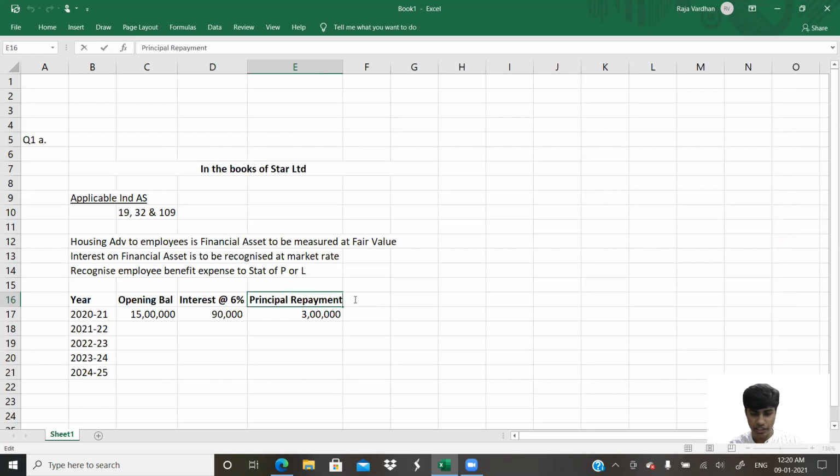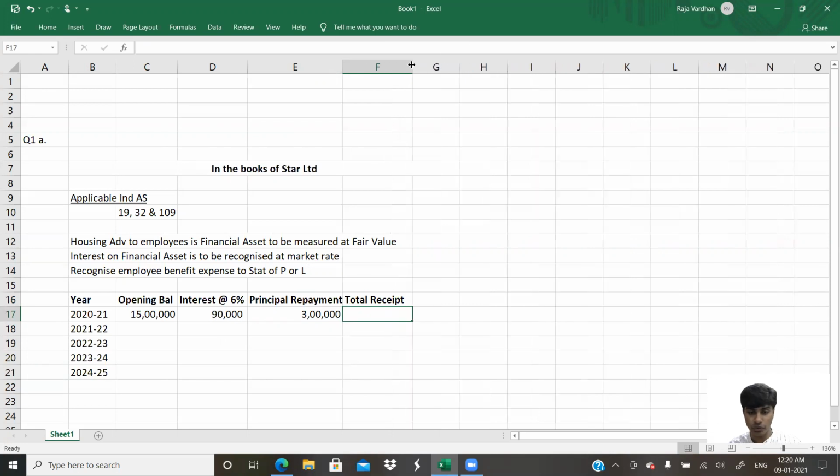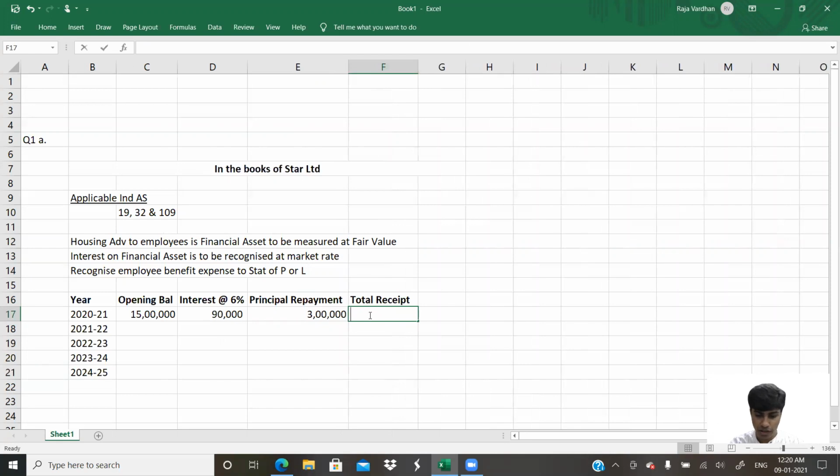Total receipt. How much is the total money received? Total receipt by the company, because here you have given the loan to the employee, so you would receive the money back from the employee. How much did you receive? You received 90,000 plus 3 lakh.